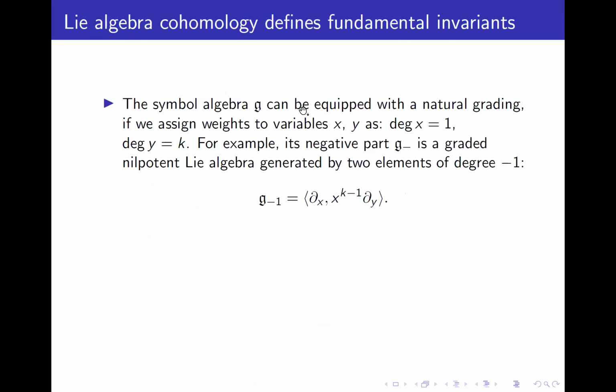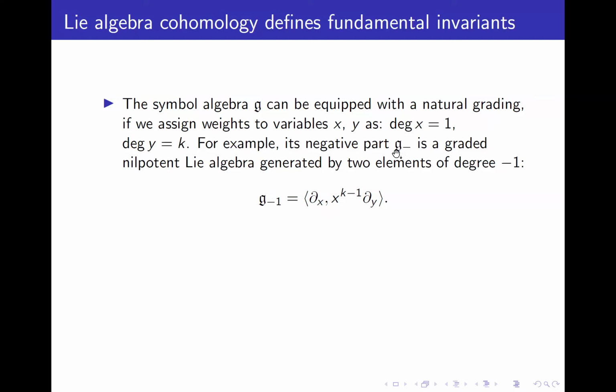And the idea is that we now need to look at the Lie algebra G, and in particular at two things. We need to introduce a grading of G. So we need G to be a graded Lie algebra, and that's easy. In this case, we just say that our x will have degree 1 and y will have degree k. And then d/dx has degree -1, d/dy has degree -k, and all basis elements in G I showed before would be assigned a certain degree.